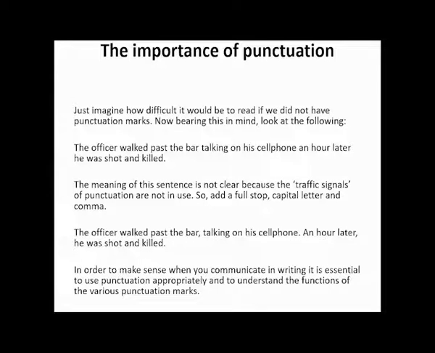The police officer was walking past a bar, but when he was walking past a bar, he was also talking on his cell phone. And I put a full stop because I needed to separate those two sentences because they have two different ideas. Remember, we only combine two sentences that have the same meaning or the same idea.